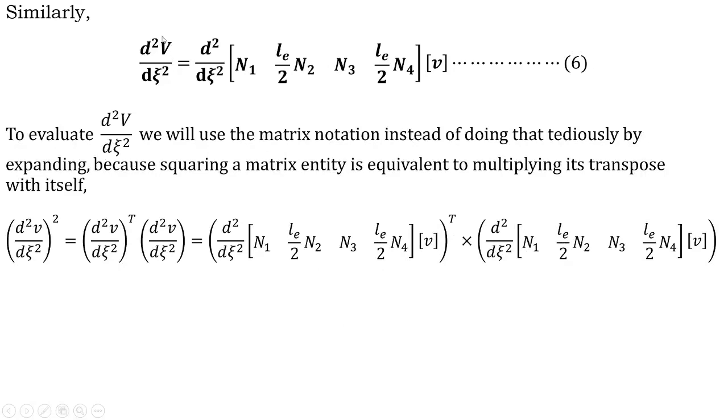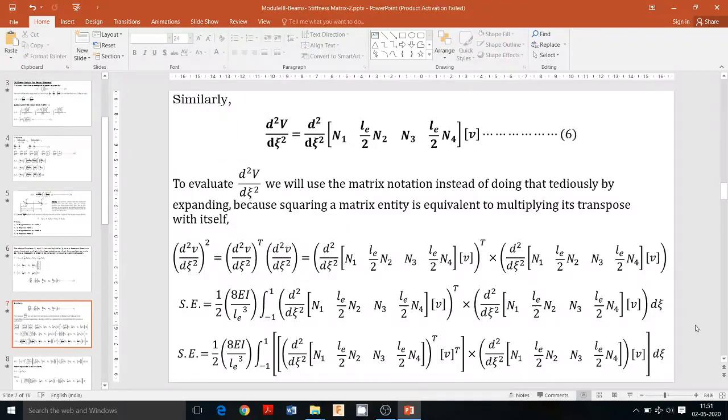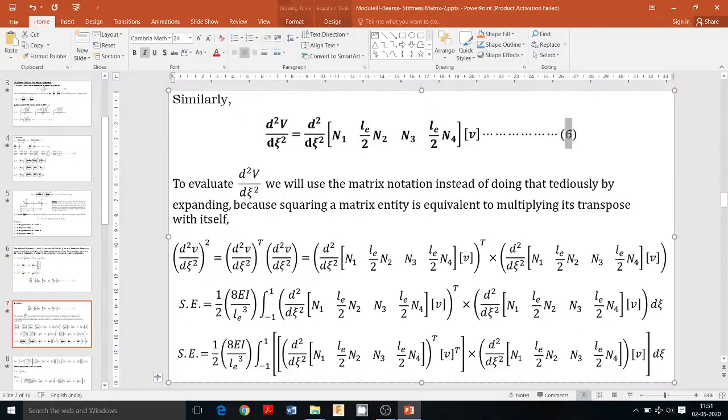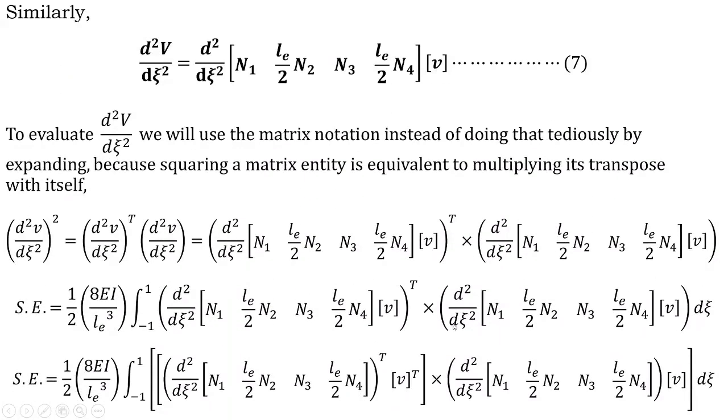This is equation number 6, so let us take this as equation number 7. Substituting this d square v divided by d zeta square in equation number 5, differentiating and then integrating, becomes a very tedious process.